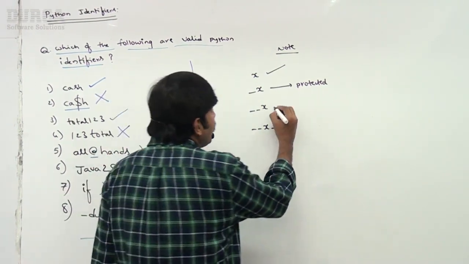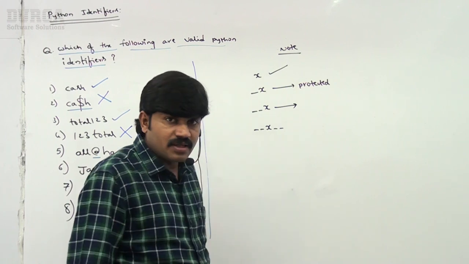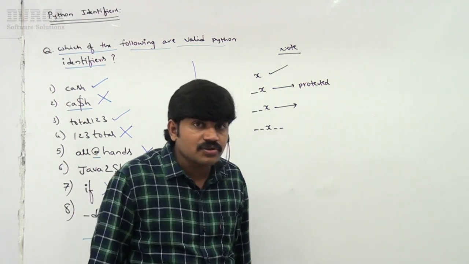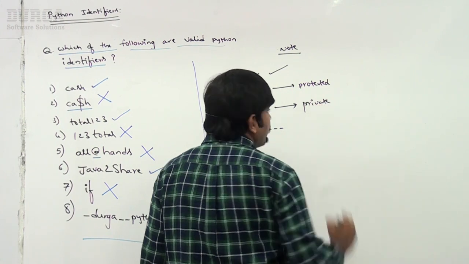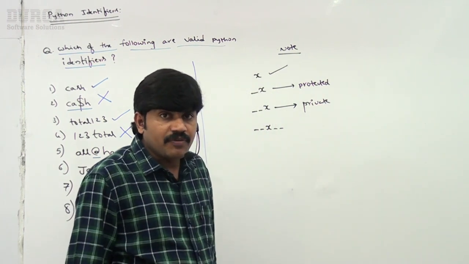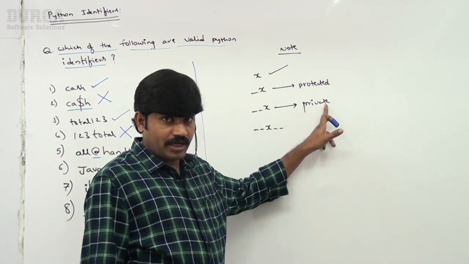Next, if any variable starts with two underscore symbols, that variable is called a private variable. Too much private, it is strictly private.